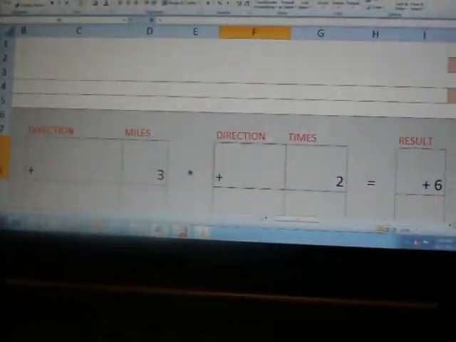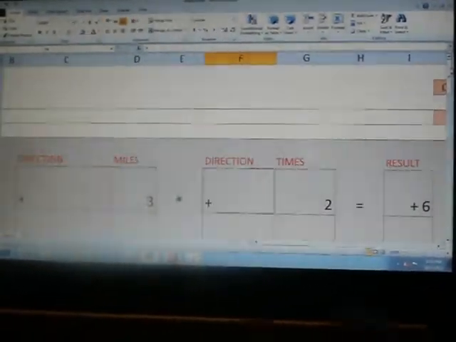Plus 3 into plus 2 equal to plus 6. I'm defining the first component of the multiplication, plus 3, is 3 miles you are traveling in the right direction towards school. So plus direction is towards school and you are traveling 3 miles, multiplied by the number of times, and the plus sign here says you are doing the same travel 2 times in the same direction.